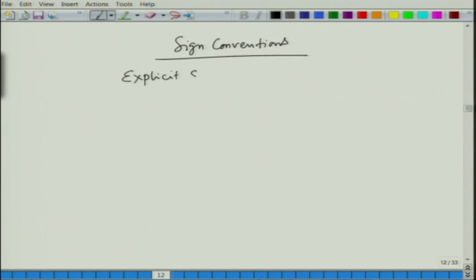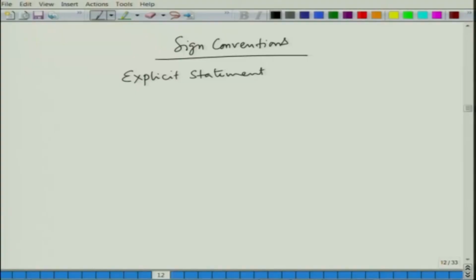Explicit statement is required because we will not be restricted to the northern hemisphere or some particular time of the day. So, all these things will be changing, right. So, that is why we need to state them clearly, where we will set the boundaries, which part will be positive, which part will be negative. Otherwise, all these relationships will make the whole analysis a mess unless we designate those boundaries.